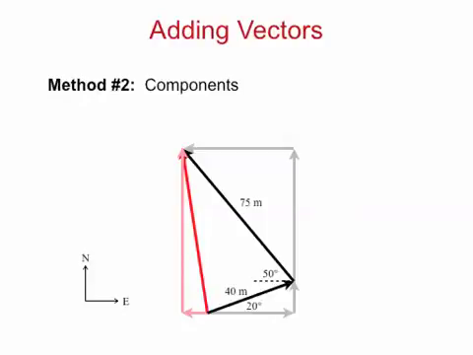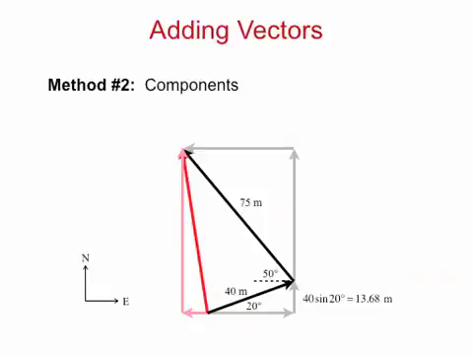Let's start with vertical components. For the 40-meter vector, the vertical component is the side opposite the 20-degree angle. Well, we know that opposite over hypotenuse is sine, so the length of this side is 40 times sine 20 degrees, or 13.68 meters.